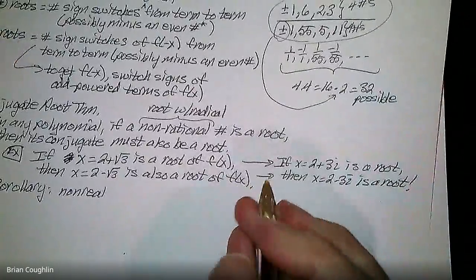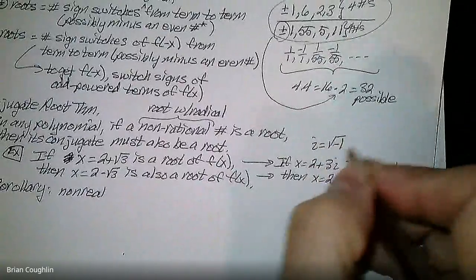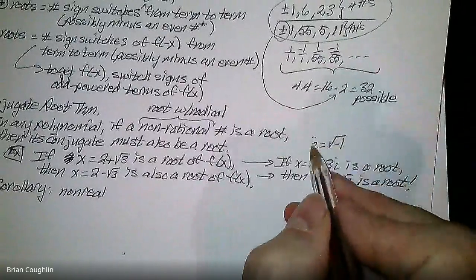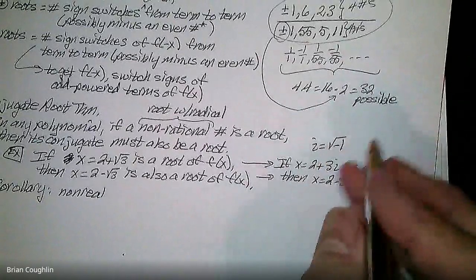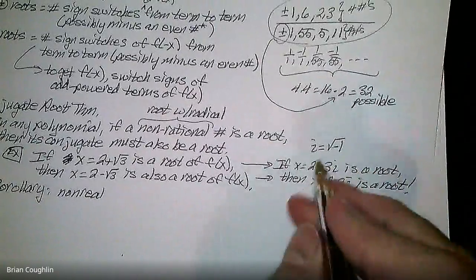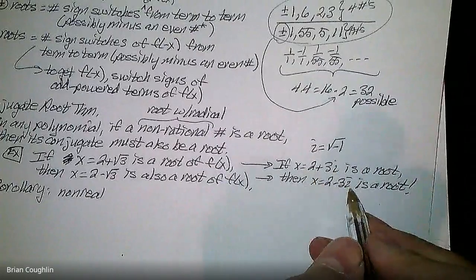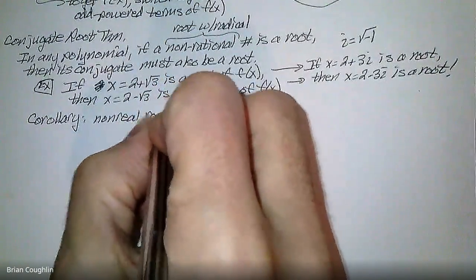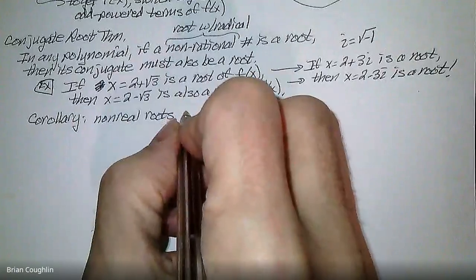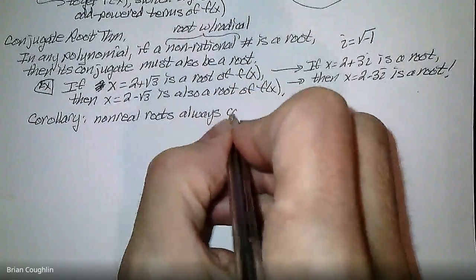So it works with, remember, i is a radical. It's radical -1. You don't have to write it as that, but remember in the back of your mind that i is a radical. Yo, man, i is a radical. Yeah, I know. It sounds like bad English. It isn't. So if x equals 2 plus 3i, x equals 2 minus 3i has to come with it. Okay. So the corollary: non-real roots, like the ones with i's in them, always come in pairs.